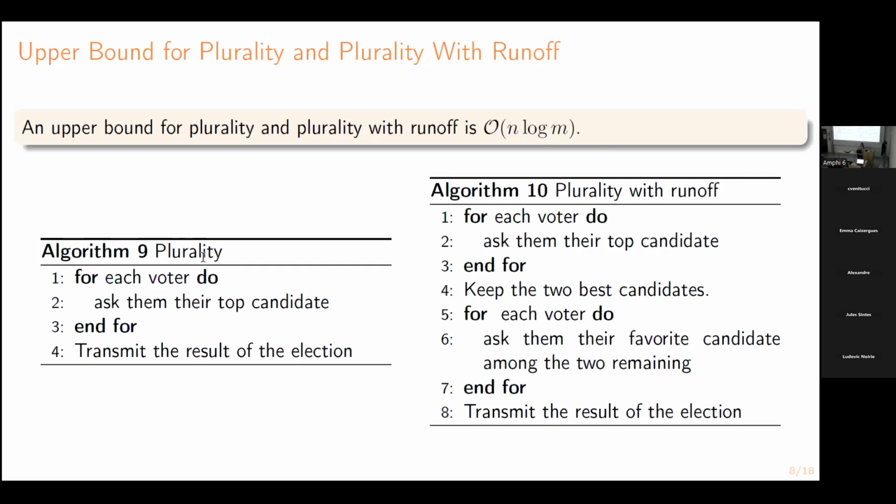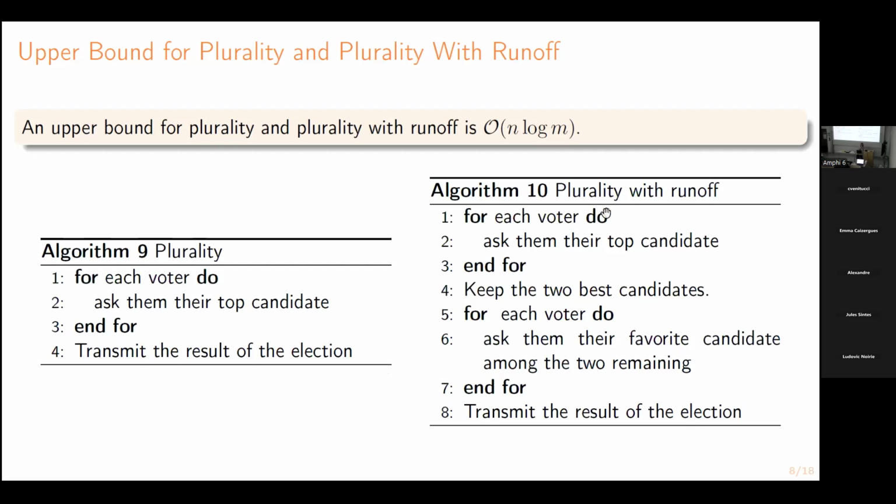Plurality is just you go vote, you tell your favorite candidate, and then the candidate that wins is the candidate that has the most votes. So for each voter, you ask them their top candidate. That's it. The operations you do to count who is the winner, they don't count, because we are just looking at the communication complexity. And then you just transmit the result of the election.